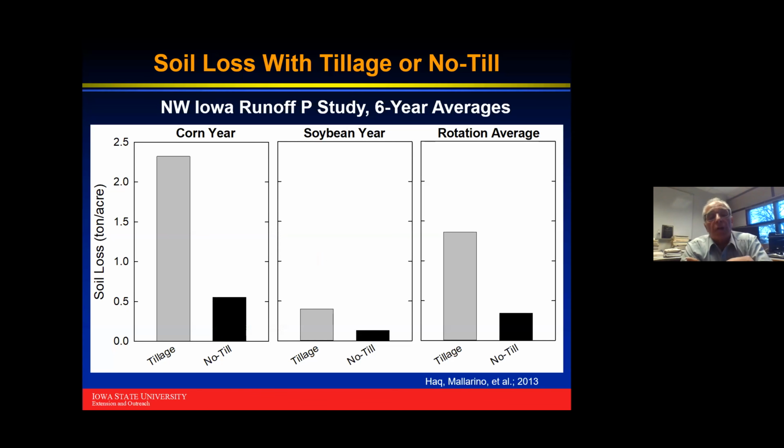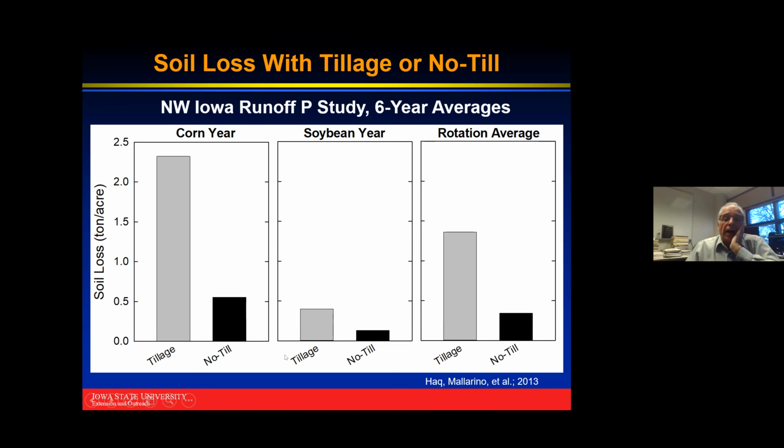So these are some of the results that we have. Annualized soil losses for the 6 years. Here we show the soil loss for the corn year, which means the soybean residue, okay? This is the soybean year, which means corn stalk residue. And this is the average for the rotation. Remember that we have both crops each year.